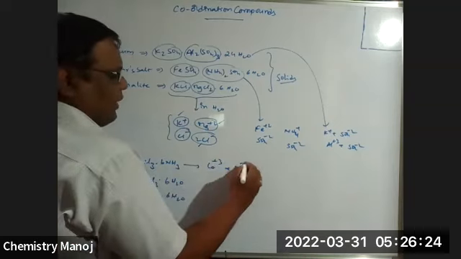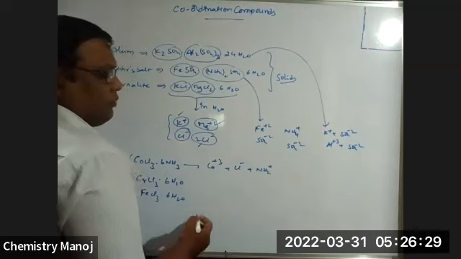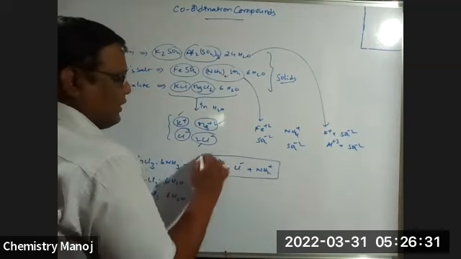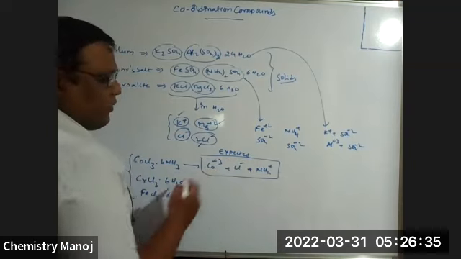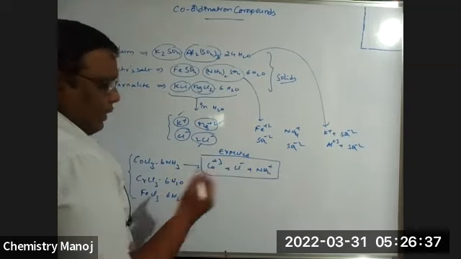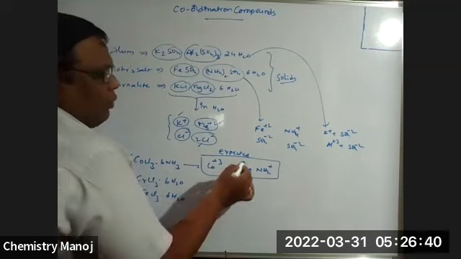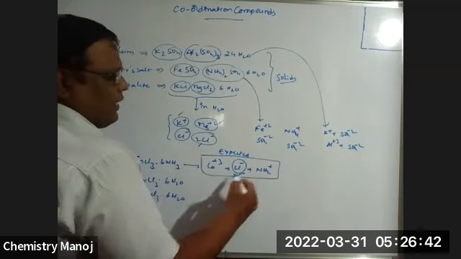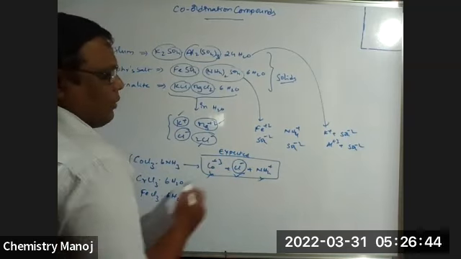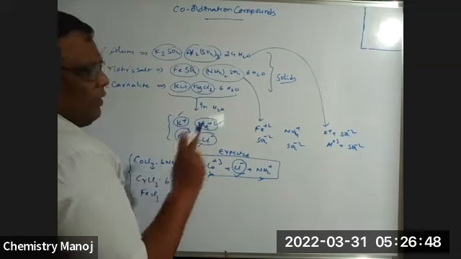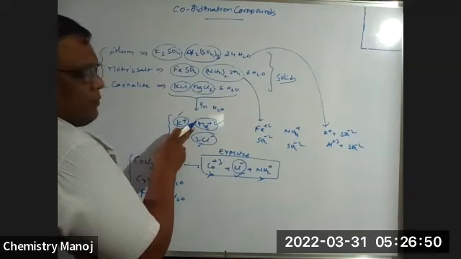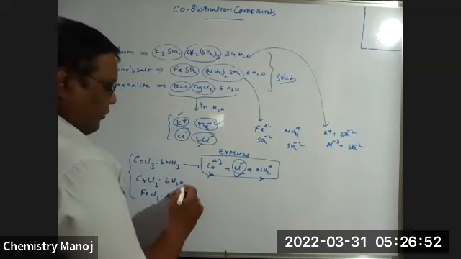So those scientists expected these ions from this salt, but practically only Cl- ion is identified, but not Co3+ and ammonium ion. That means all the species cannot give respective ions.